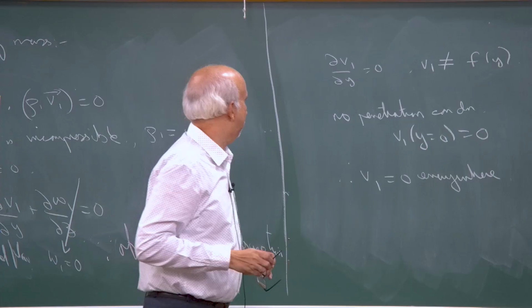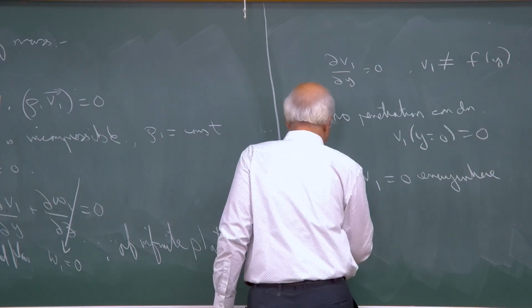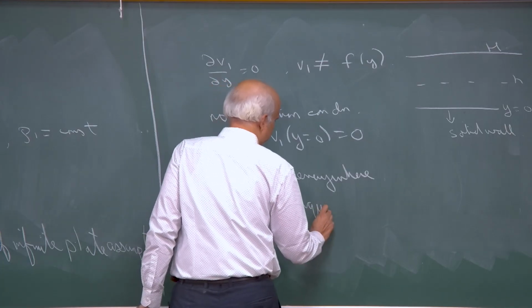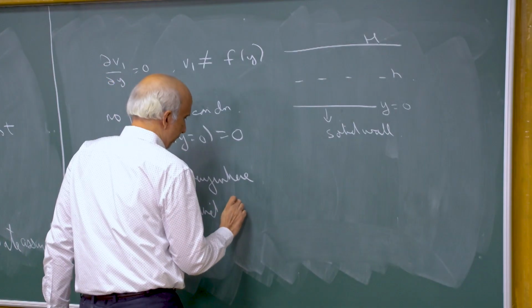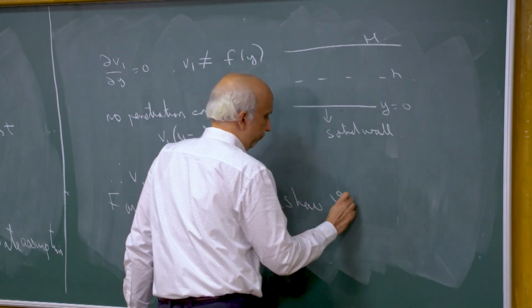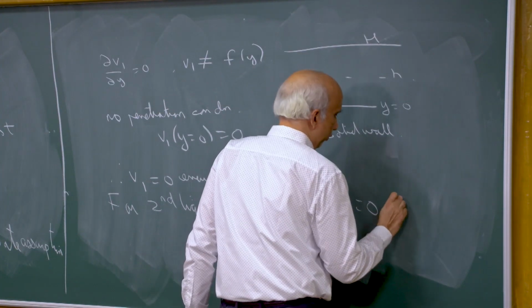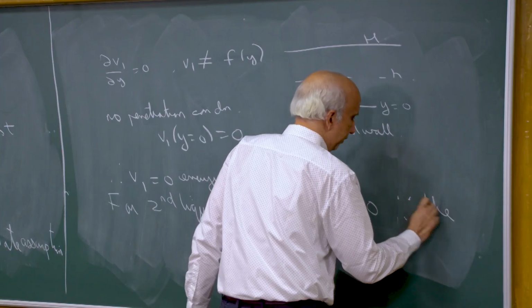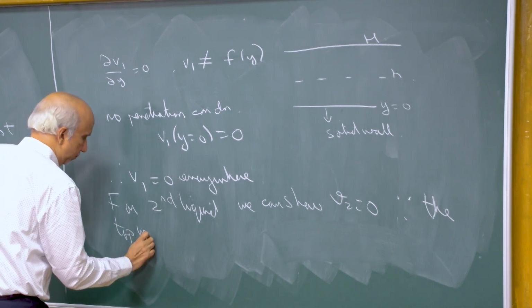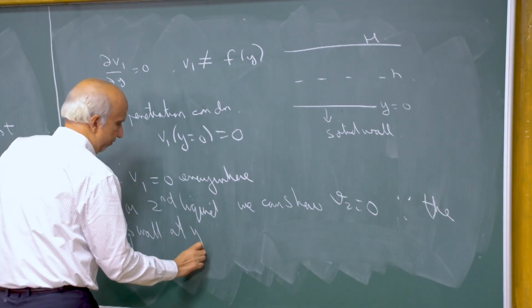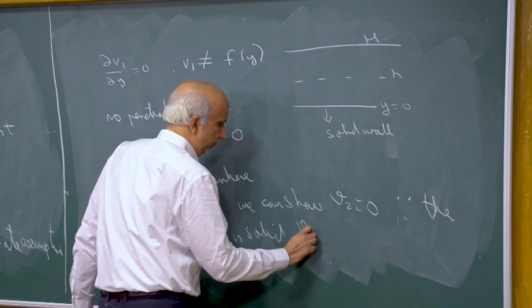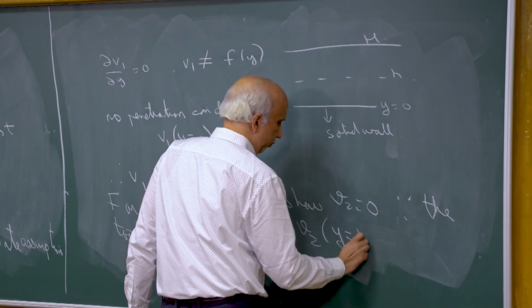For the second liquid, we can show V2 is 0 because the top wall at y equal to h is solid and V2 at y equal to h is 0.